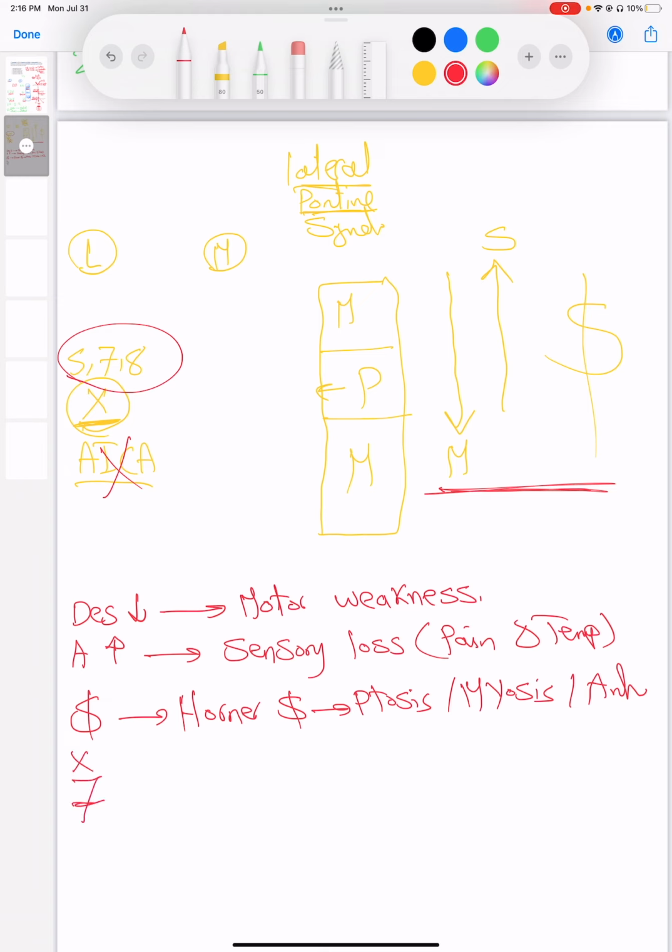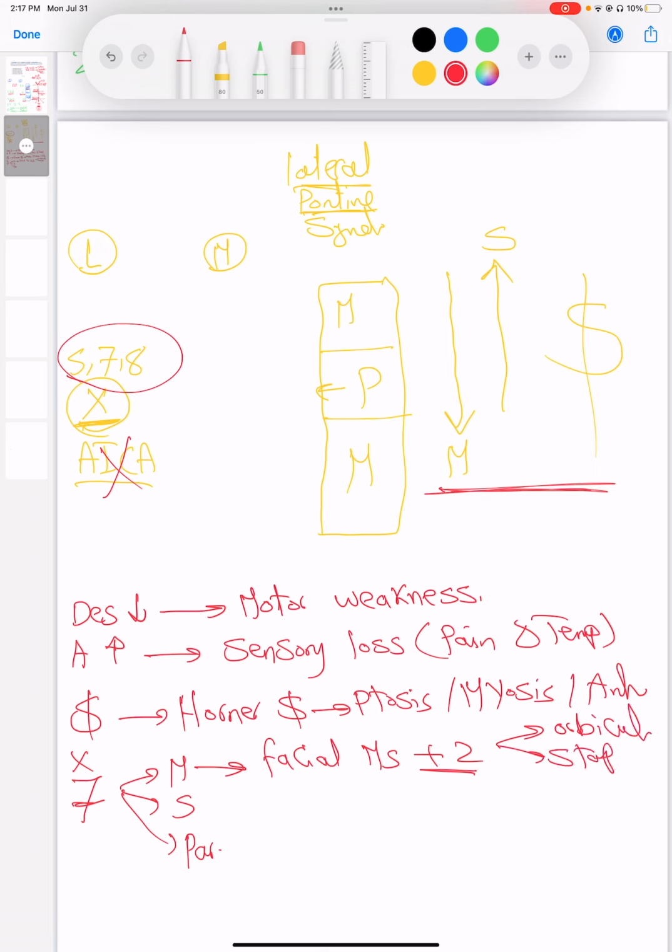And what is the function of the facial nerve? Is it motor or sensory or parasympathetic? Actually, it's all three of them. Motor, it involves the facial muscles plus two muscles, the orbicularis oculi and the stapedius muscle, eye and ear.